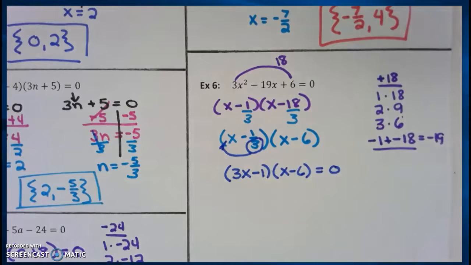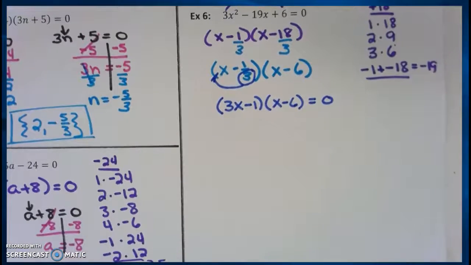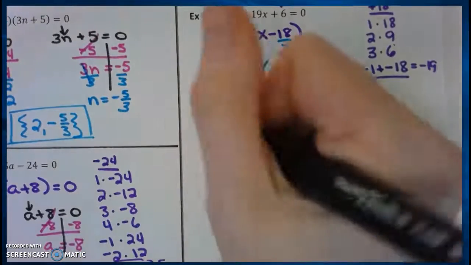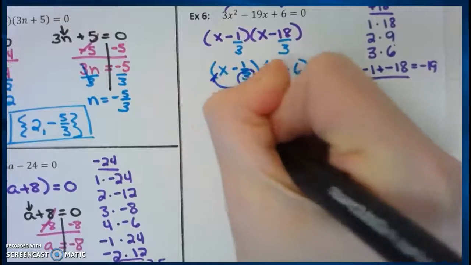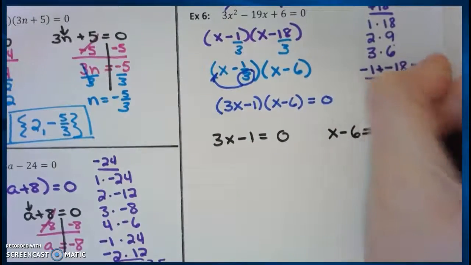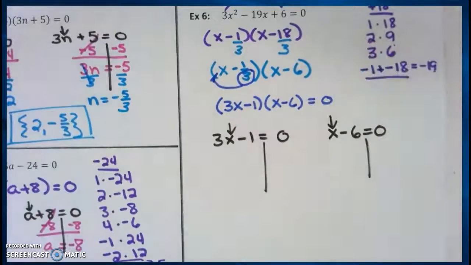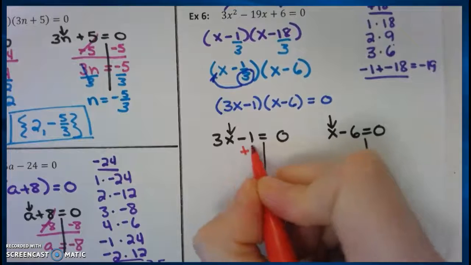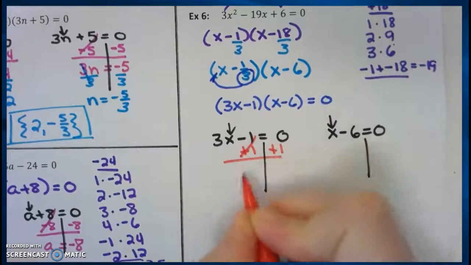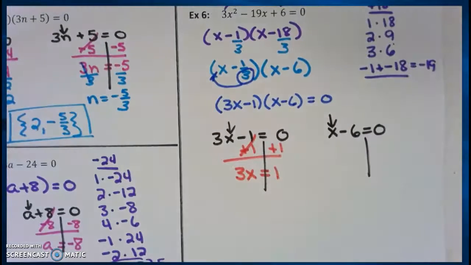Okay. So all of that so far was just to help us factor the problem. Now what we are going to do is take each set of parentheses and set it equal to 0. So 3x minus 1 equals 0, or x minus 6 equals 0. Okay, so for this first one, I've got a two-step problem. I'm going to add the friend, plus 1 to each side. 3x is equal to positive 1.